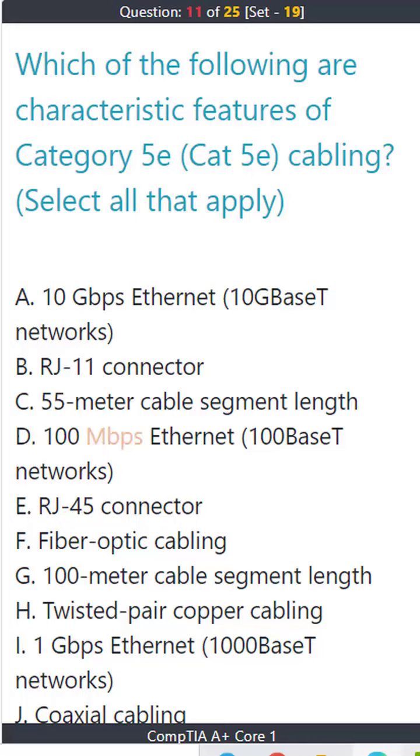D. 100 Mbps Ethernet, 100BASE-T networks. E. RJ45 connector. F. Fiber optic cabling. G. 100 meter cable segment length. H. Twisted pair copper cabling. I. 1 Gbps Ethernet, 1000BASE-T networks. J. Coaxial cabling.